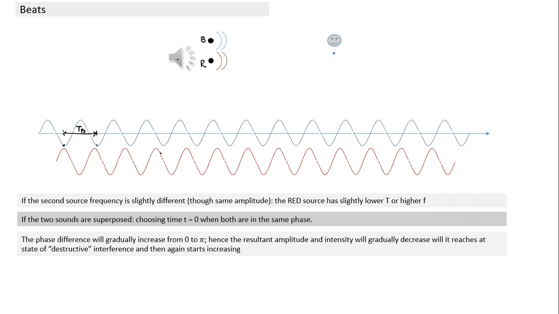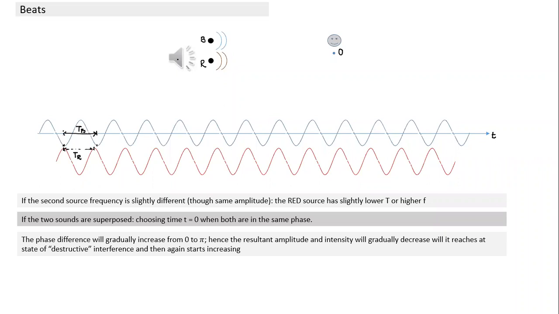We have kept these two waves together. These two are the oscillations at point O due to the blue source and due to the red source. You see here, this is one crest, and this is the next crest. This dimension is time. What does this time TR indicate here?